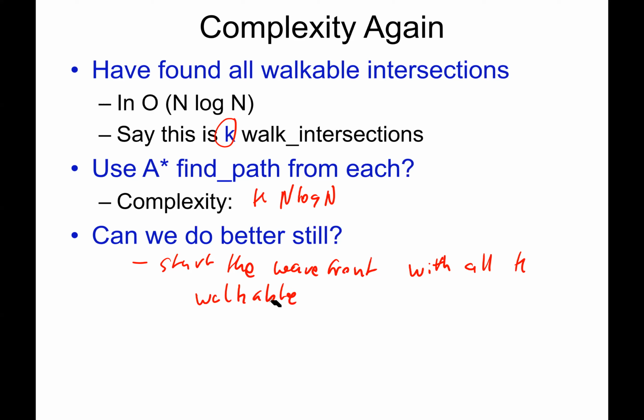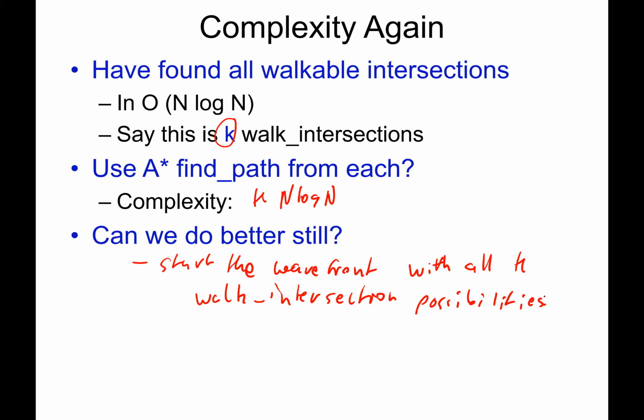I think I've been using the term walk intersection. So again, your code doesn't change very much, but you just change how you think about the algorithm. Instead of saying I start here, you say these are all possible starting points. What should I use as the travel time for those k intersections?